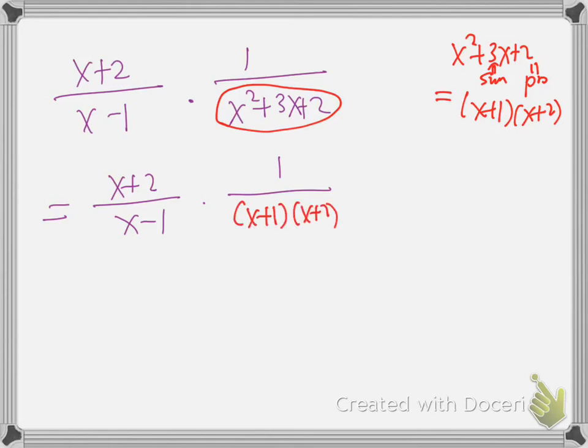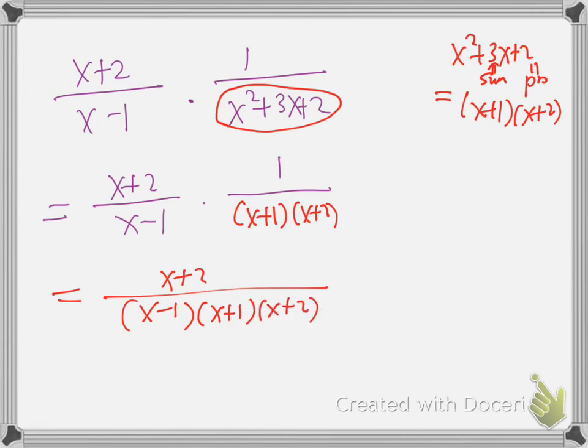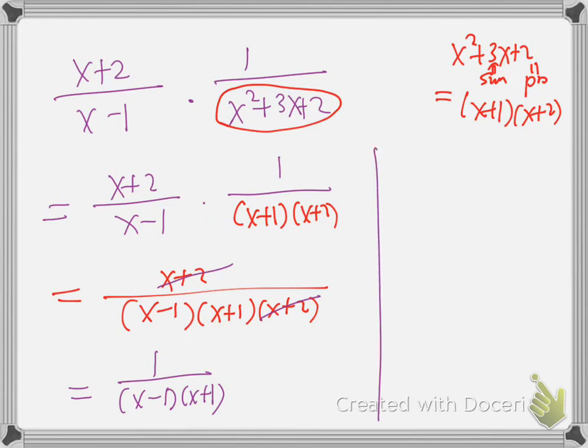Multiplication means you put everything together on top, everything together on the bottom, and then cancel common factors. The answer is 1 over x minus 1 times x plus 1. If this is a function, this is called the domain of the function, but now we don't use function.